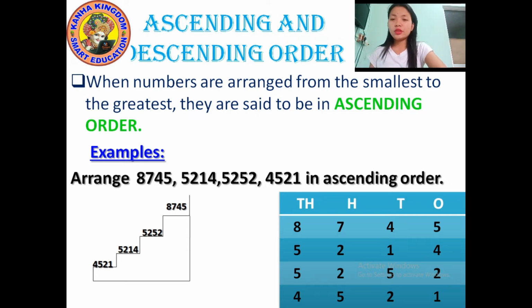When numbers are arranged from smallest to the greatest, they are said to be in ascending order. See, ascending means when the numbers are arranged from smallest to the greatest.